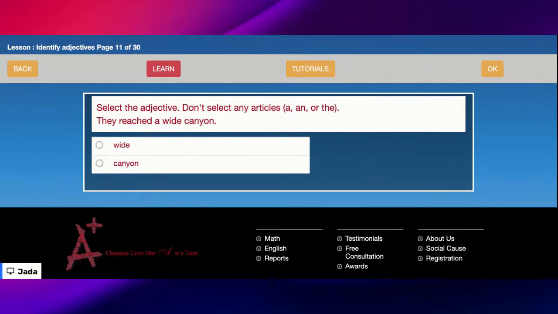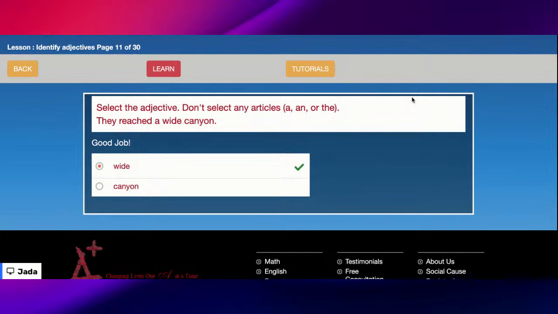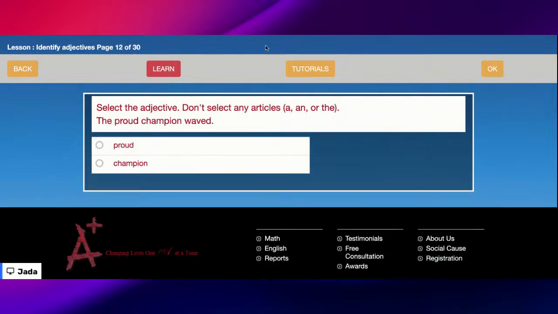Which one? They reached a wide canyon. So what's the answer here? Option 1. Okay. All right, so that's it for identifying the adjective.